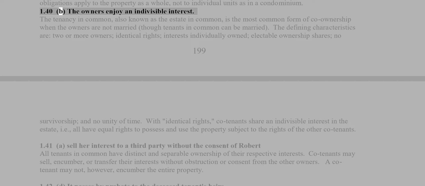1.40 b. The owners enjoy an indivisible interest. The tenancy in common, also known as the estate in common, is the most common form of co-ownership when the owners are not married, though tenants in common can be married.